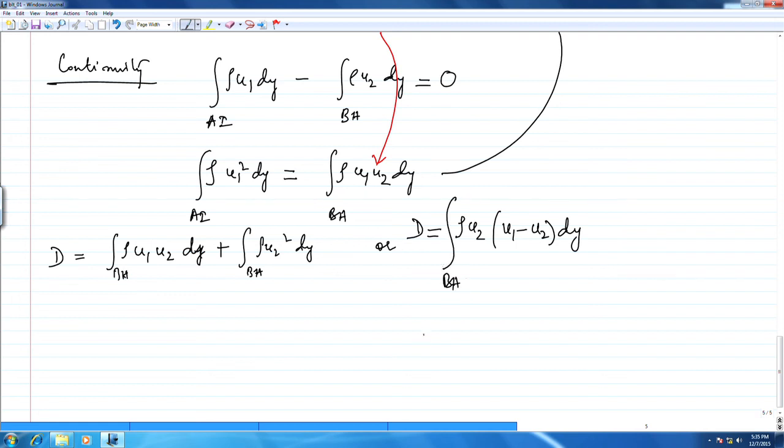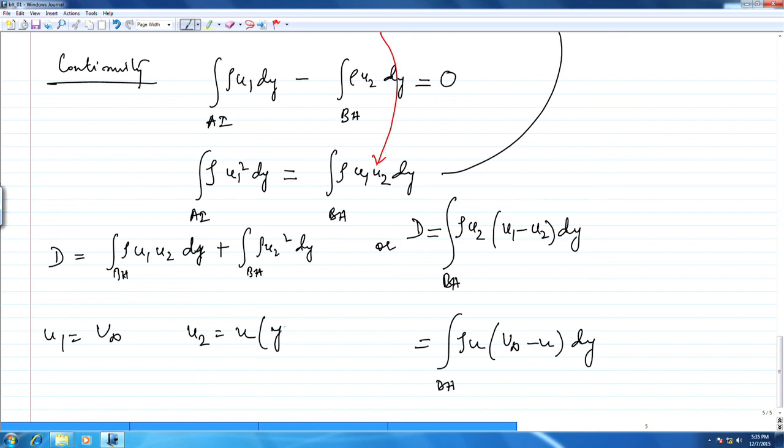U1 is basically the free stream, and let me just write U2 as U. So then this becomes rho U times U infinity minus U dy. The density is of course known. U1 is the free stream, and U2 is U, which is a function of y.